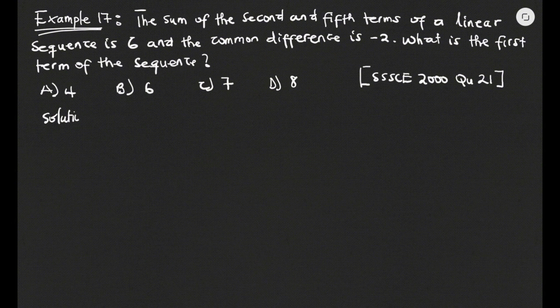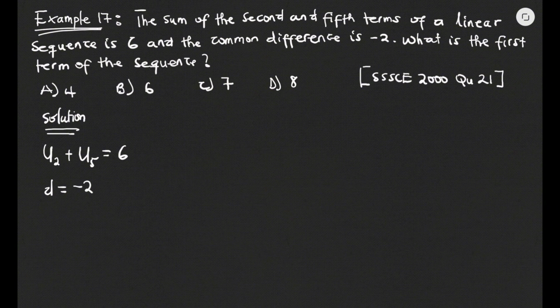So the question is saying that the sum of the second and fifth term of a linear sequence is 6 and the common difference is minus 2. So it means that the second term u2 plus the fifth term, which is u5, is equal to 6, and then the common difference d is equal to -2.